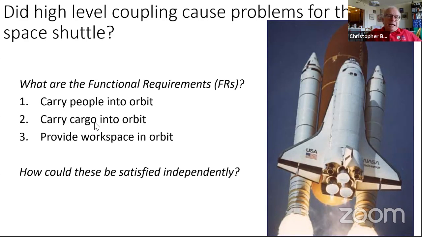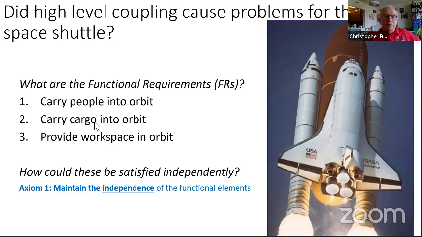So the question is, could these be handled or satisfied independently? Why were they all coupled on the same launch vehicle? Well, probably to do something that'll get through Congress. But when they did that, they were no longer maintaining the independence of the functional elements.